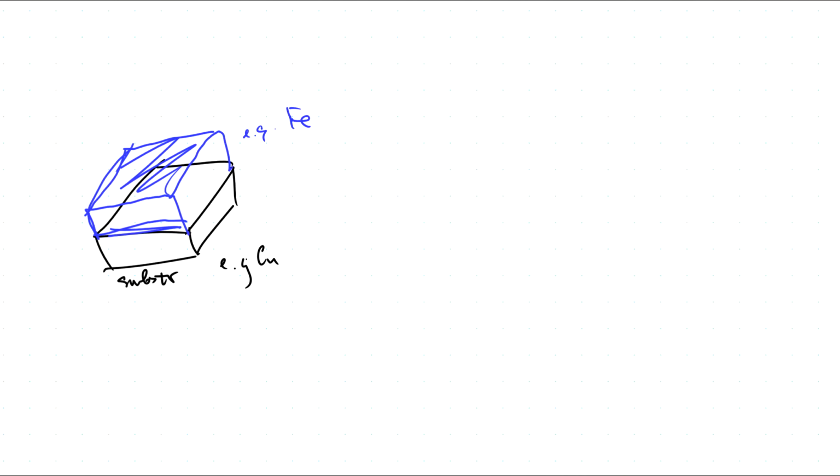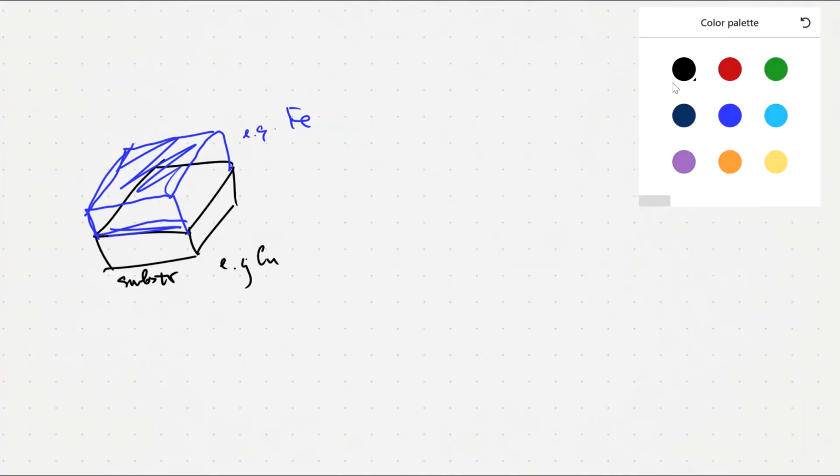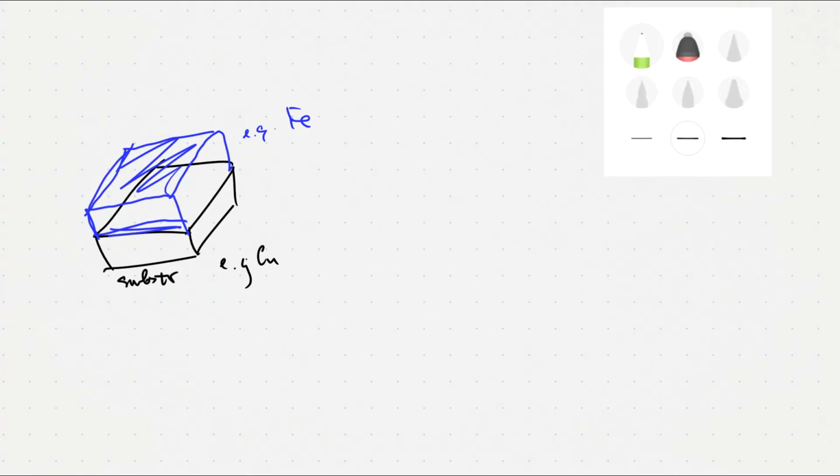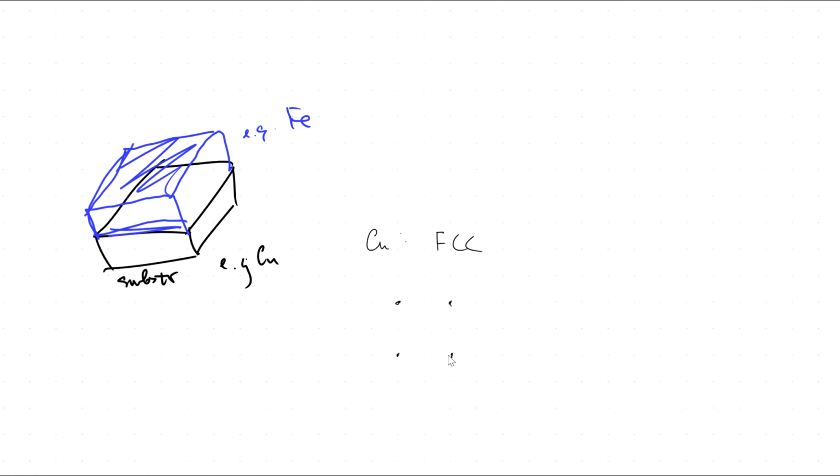One thing is this: for copper, you have a lattice for copper, so-called face-centered cubic lattice. What it means is that you have atom here, atom here. Let me draw it. Here, then let's take here, there, and there, and guidelines.